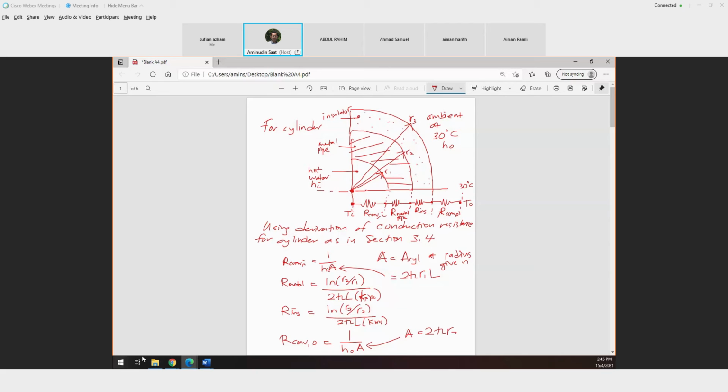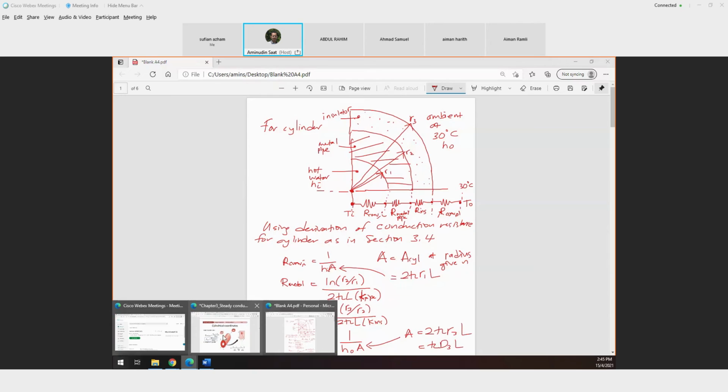Or sometimes you can put it in diameter, pi D3 L. Same thing. So this is the only difference between the plane wall and the cylinder, the difference in terms of the effective area exposed to the convection.